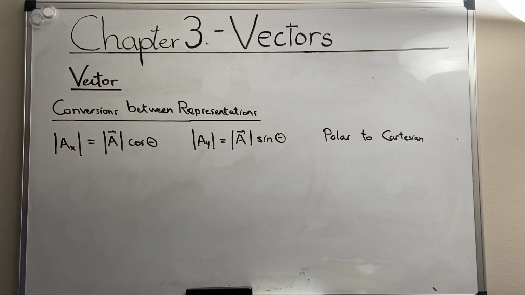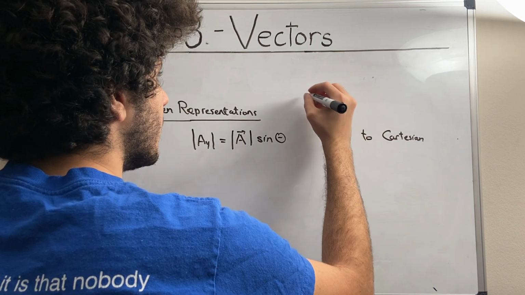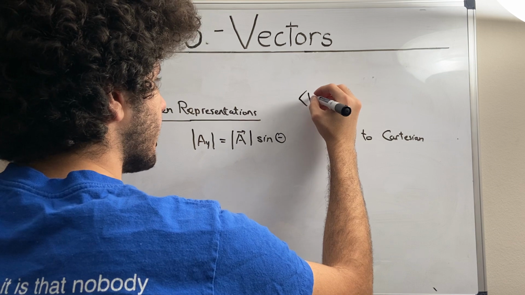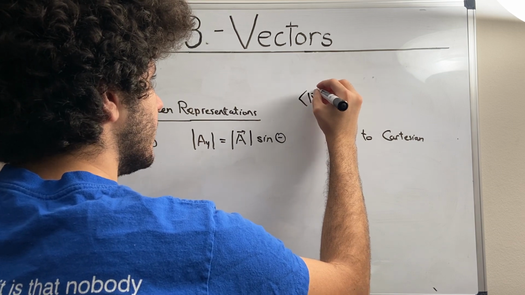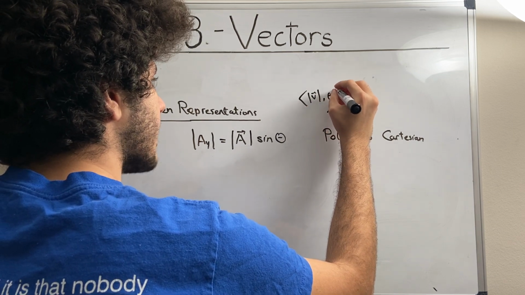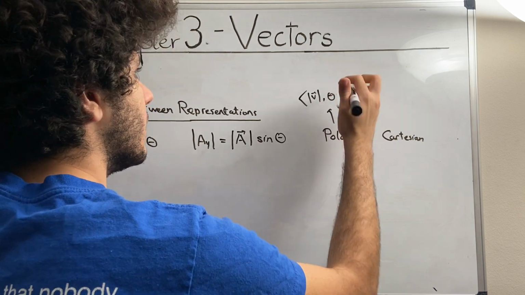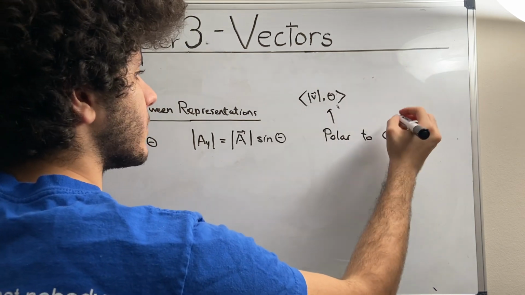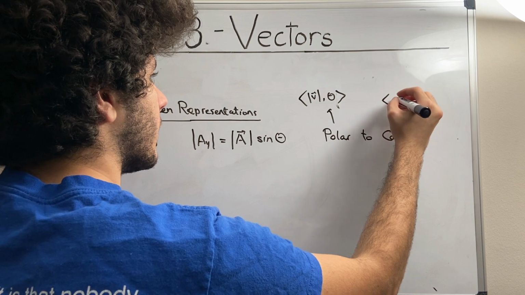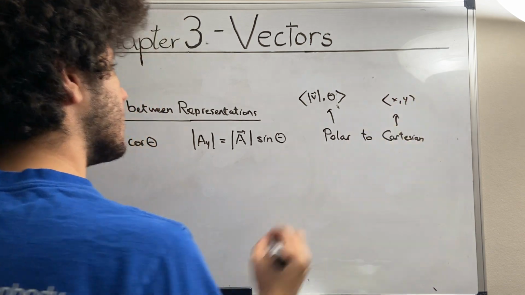All right, so say we have polar values, right? So polar being the magnitude of v, comma, its angle with respect to x. This is more like the x, y components.